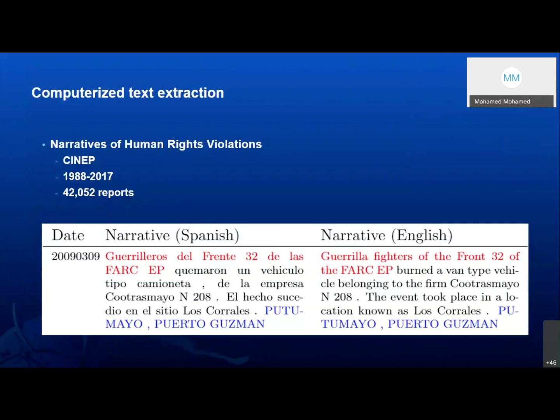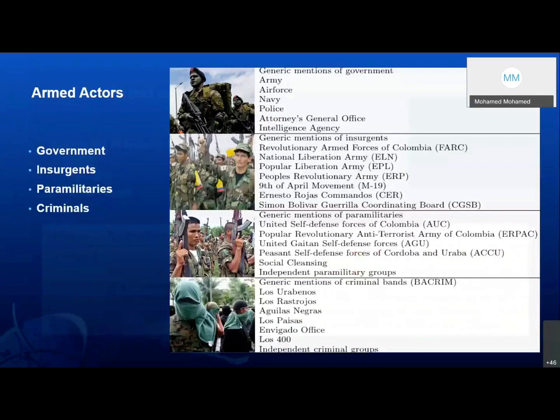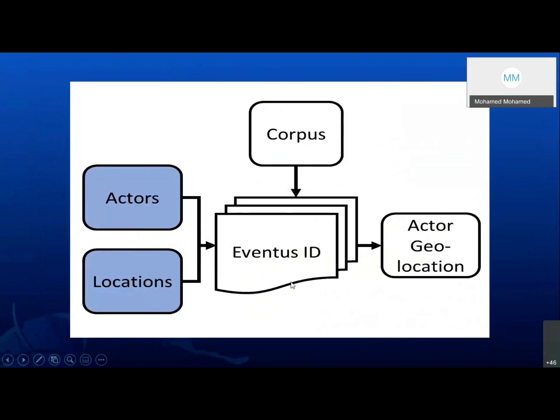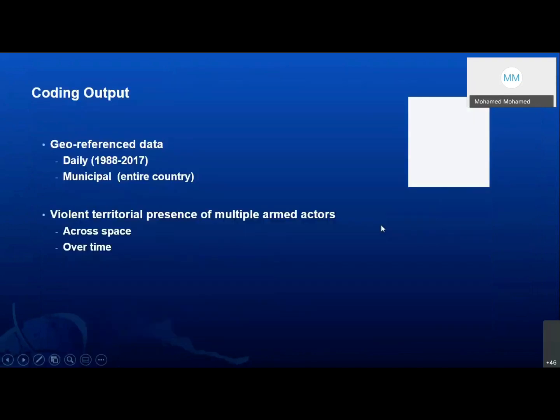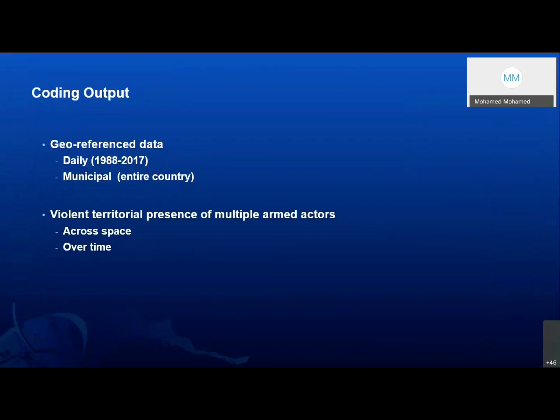We have people who look at news reports, and we looked over more than 40,000 reports from 1988 to 2017. From that, we generated a geolocation database. This georeferenced data shows what happened, where it happened, and who did it.